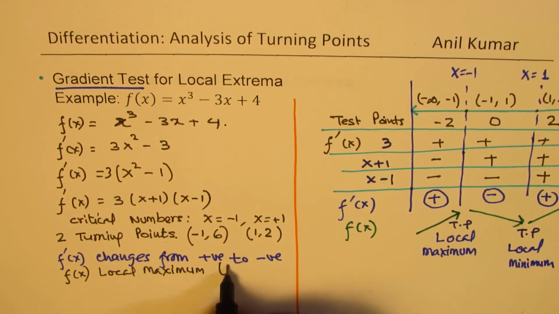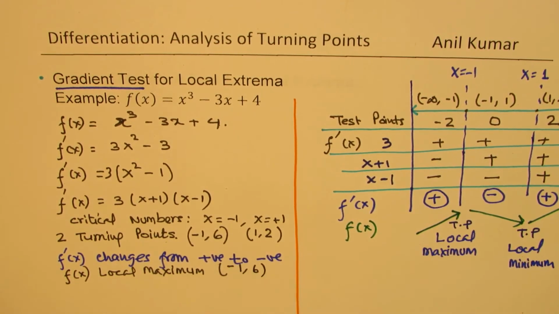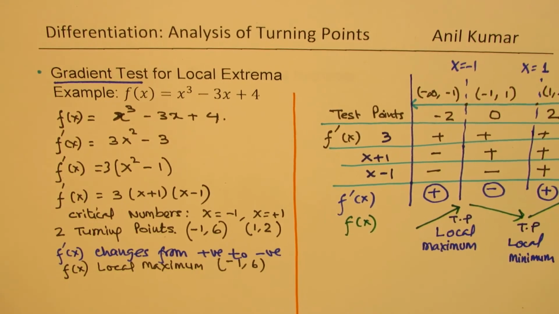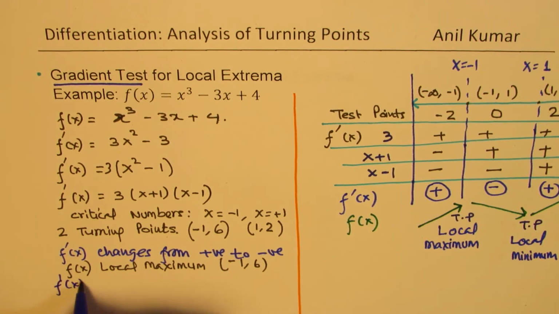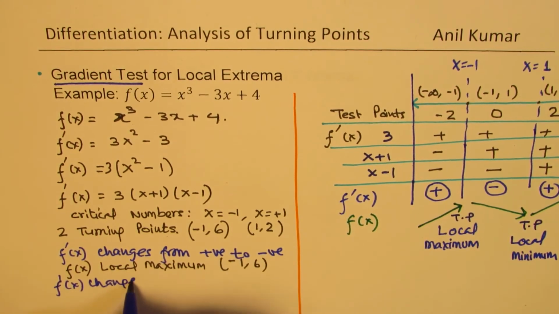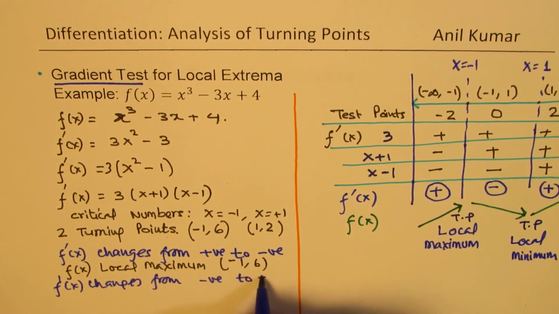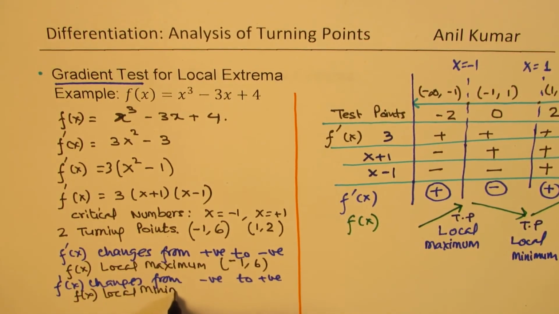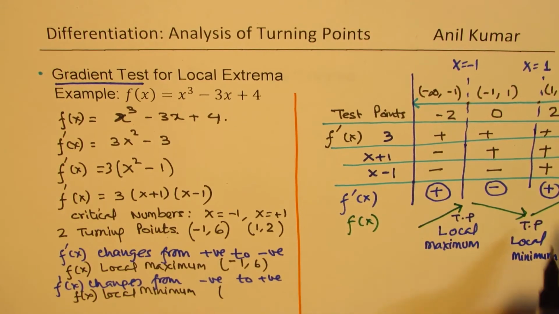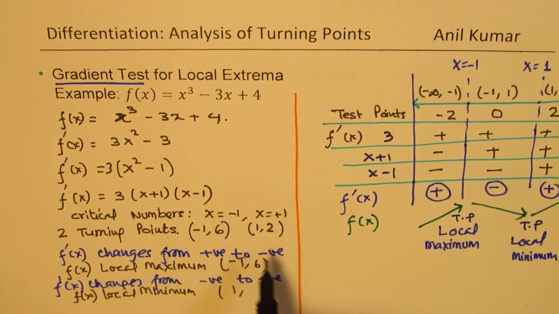So in our case, it is at minus 1, 6. Perfect. And when the gradient changes from negative to positive, in that case, the function f of x has local minimum. In our case, it is at 1 and 2.